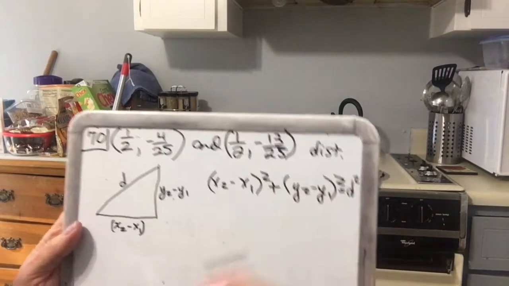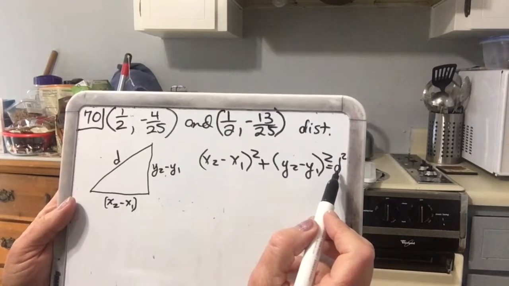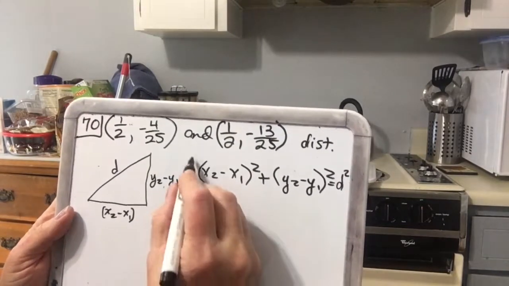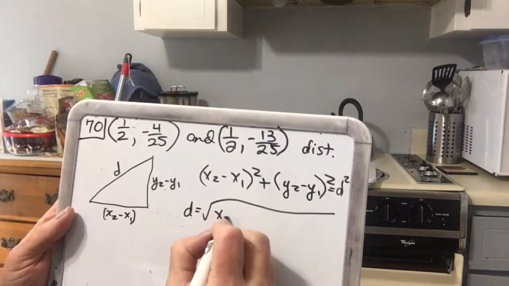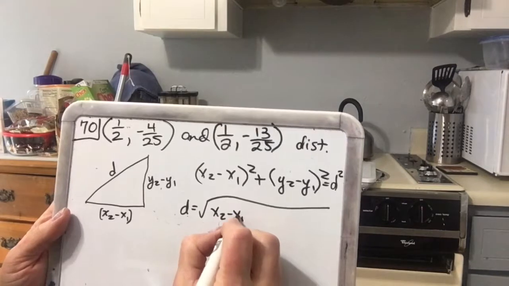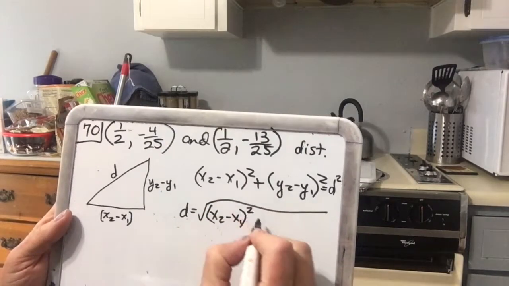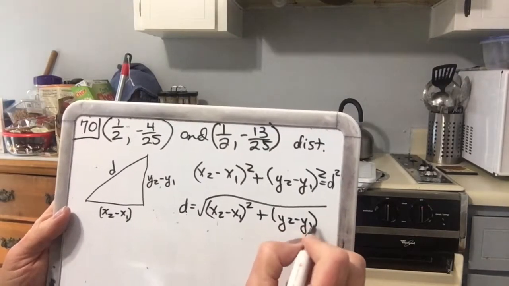Now I don't want d squared, I just want d. So d is equal to the square root of the difference in the two x's squared plus the difference in the two y's squared. Remember, it does not matter which way you get those because you're about to square it.